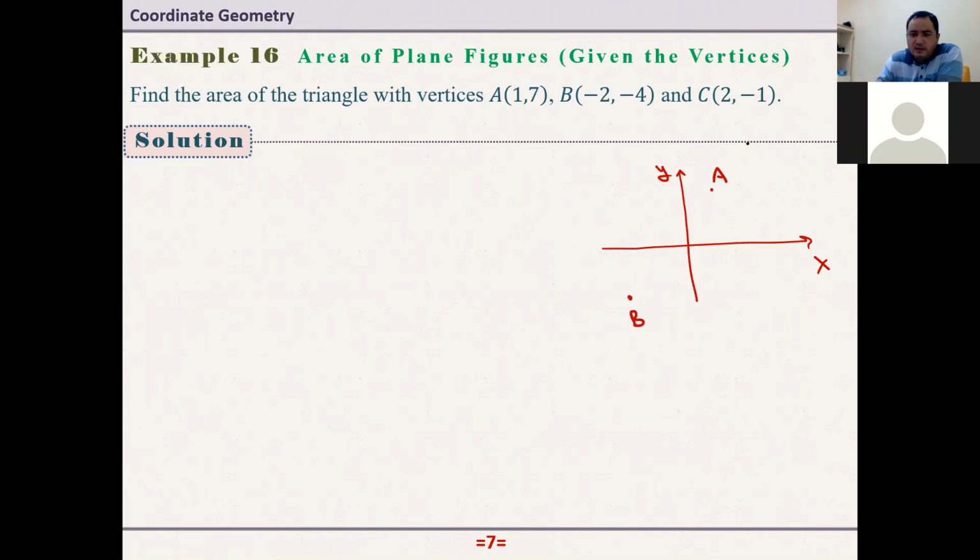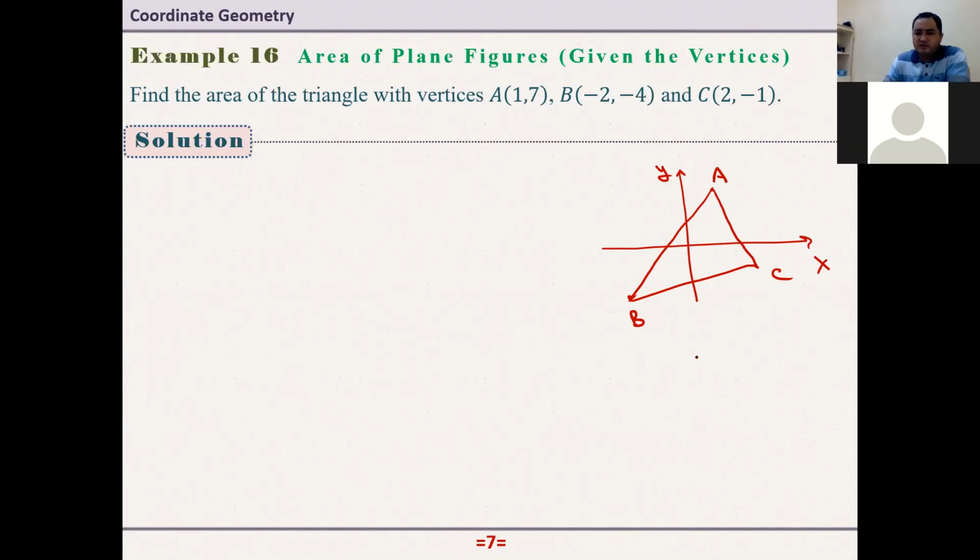And C is 2, negative 1, somewhere here. So this is A, B and C. It is already in anti-clockwise direction, right? A, B, C.